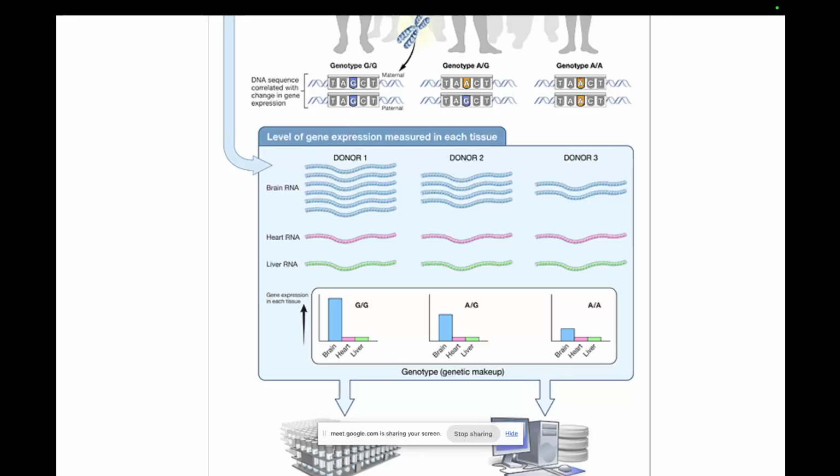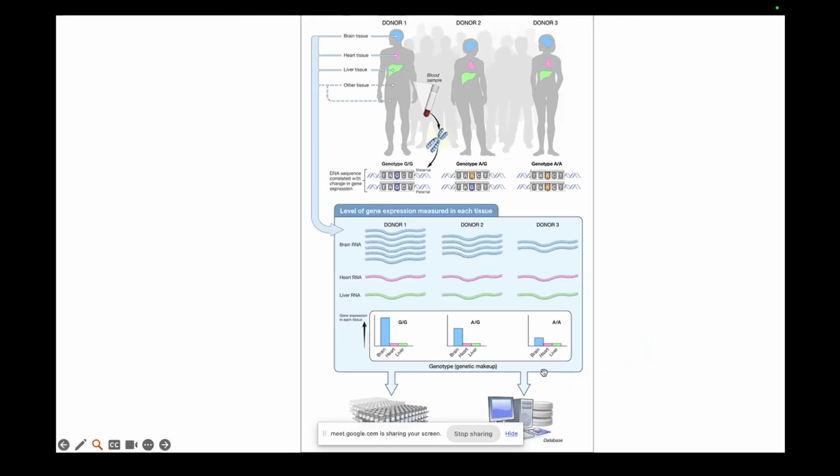Again, as I was saying, gene expression is dependent on the tissue or cell type you are looking at. So the variant might not be involved in changing gene expression in certain cell types. In this case, in heart and liver it does not change, but in brain the gene expression is reduced by the presence of this variant, right?